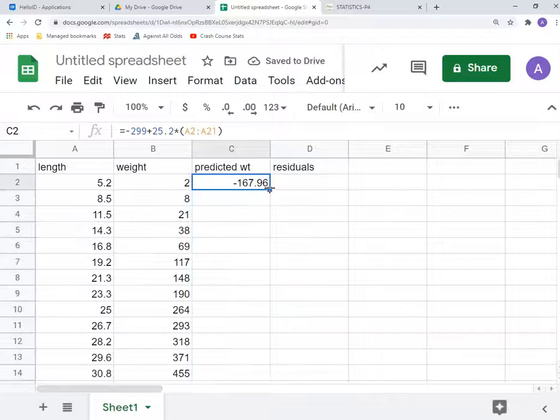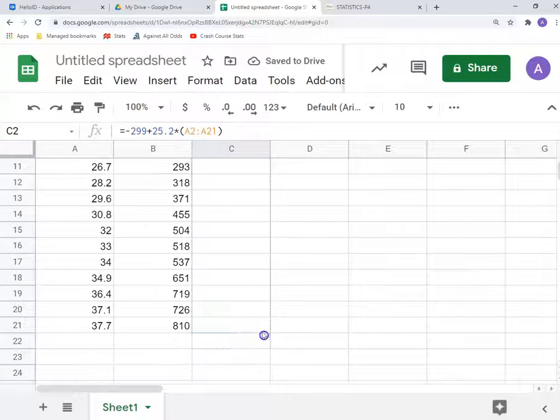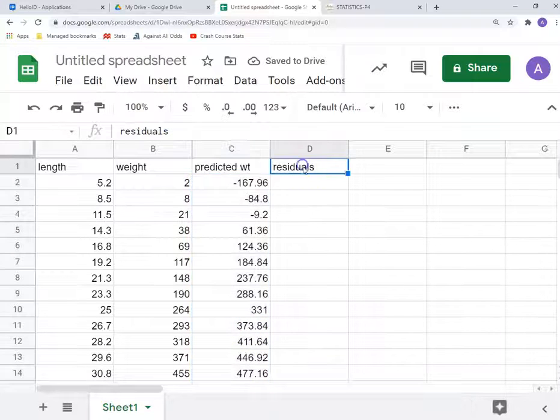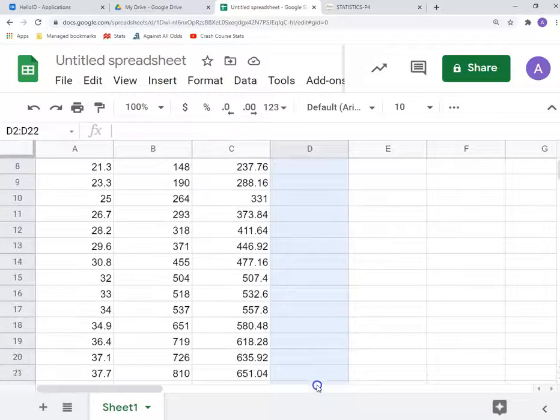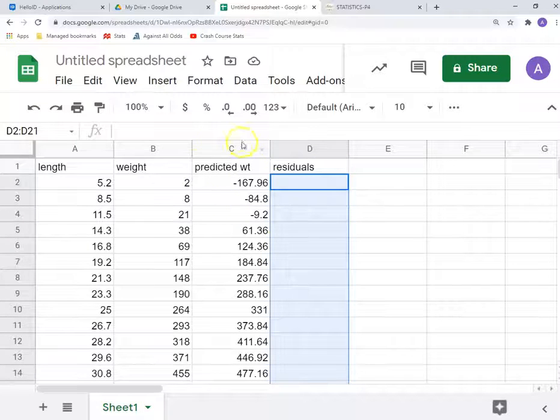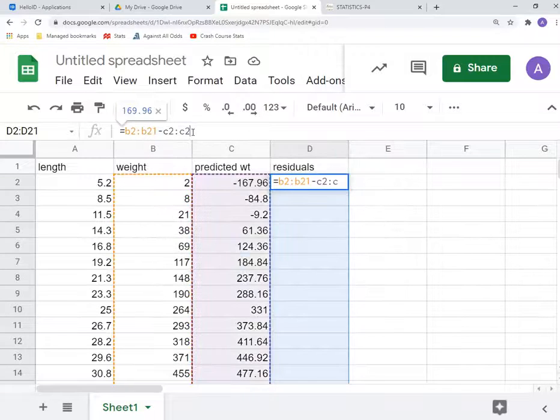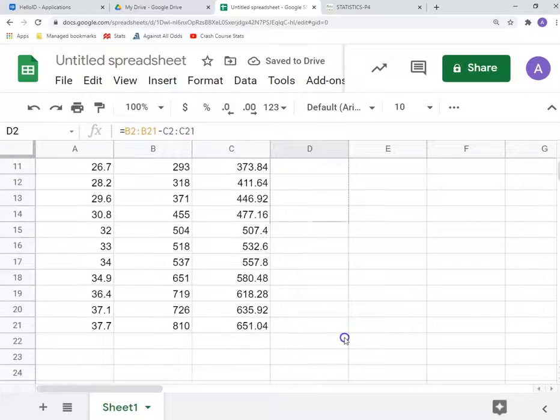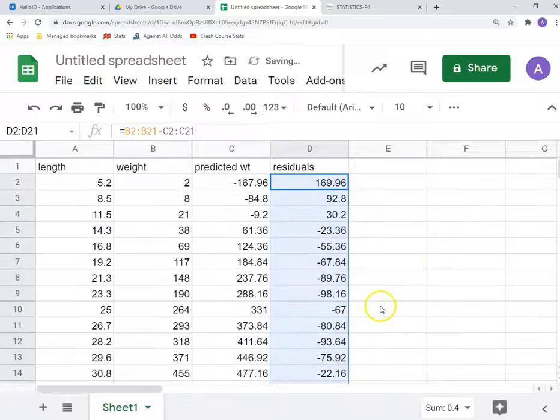It only gives me the first one, so then I pull down and it fills in the rest. Residuals, remember, are your actual minus the predicted. So our actual weights are in B2 to B21, and we're going to subtract the predicted weights from C2 to C21. Again, it only gives me the first one, so then I pull down.